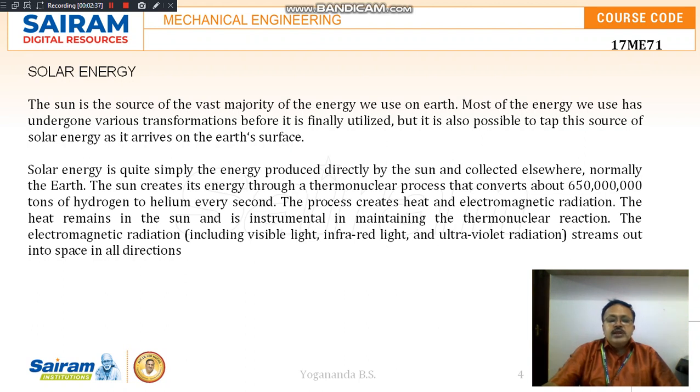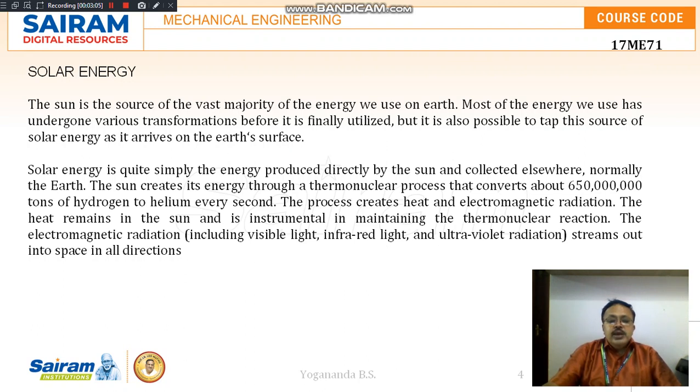The sun creates its energy through a process called the thermonuclear process, which converts about 65 crore tons of hydrogen to helium every second. This process generates heat and electromagnetic radiation.